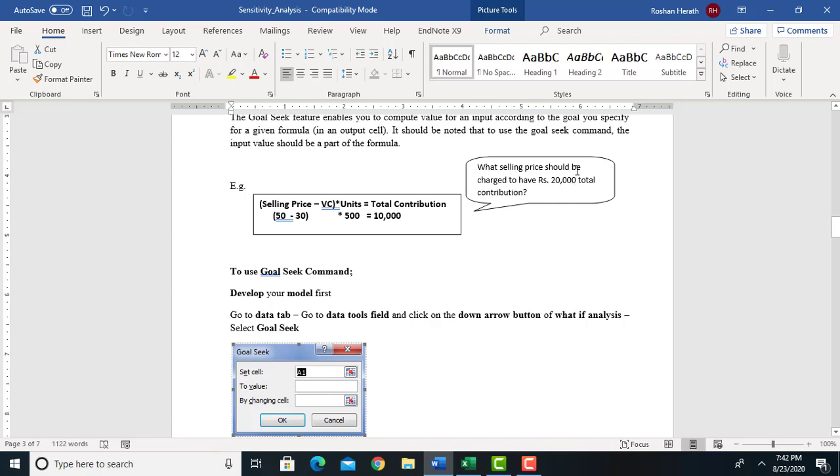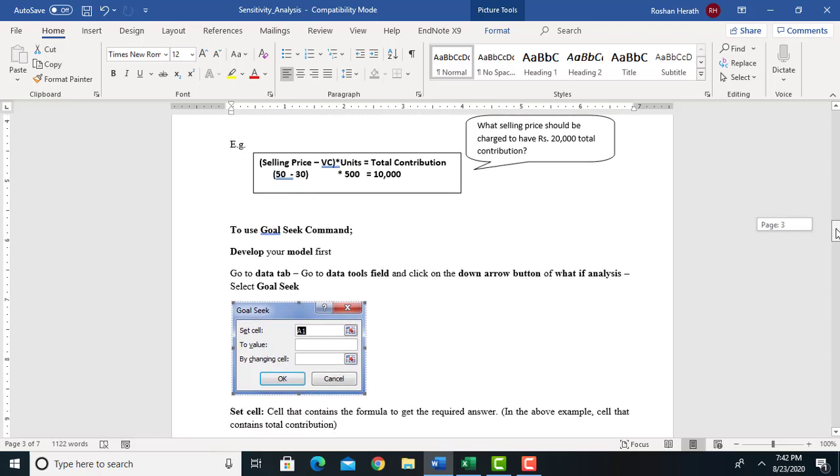You want to see a total contribution of 20,000. Then how do you achieve that? When the units and the variable cost are constant, by changing the selling price. Therefore the changing cell has to be the selling price. That is how you apply this.